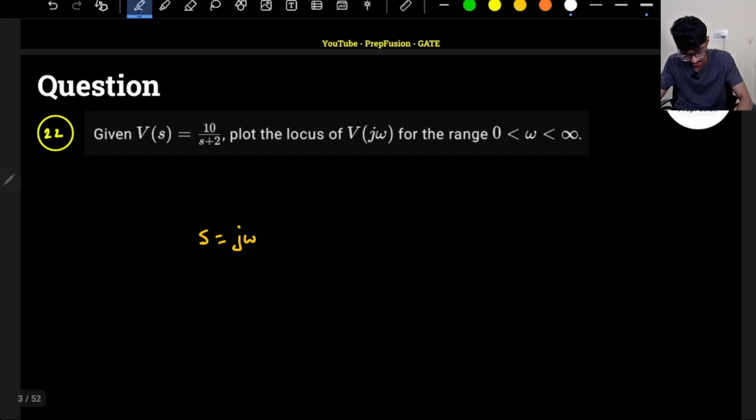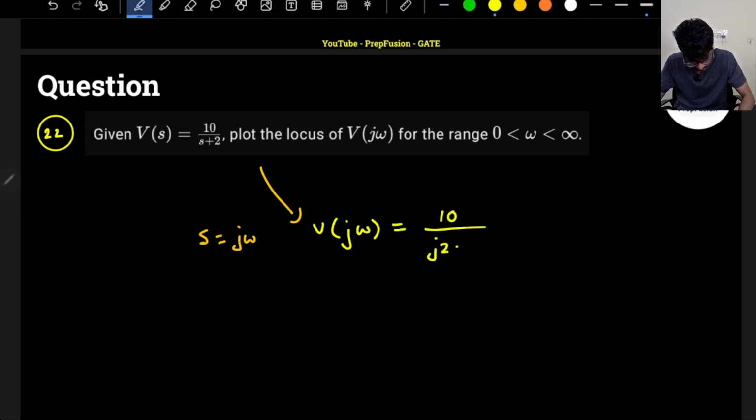The function will be V of j omega equals 10 divided by j2 plus 2 divided by 5, 1 plus j.